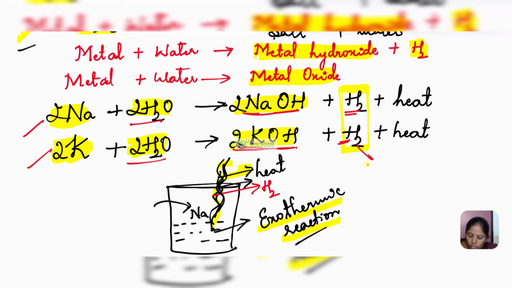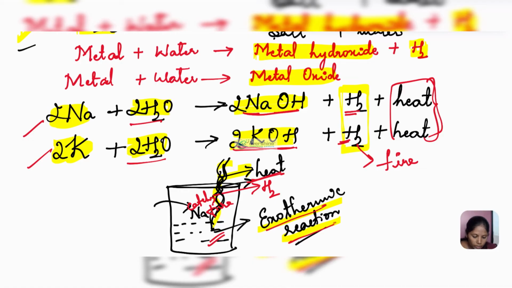This hydrogen gas will catch fire because of more evolution of heat, and this reaction is also called an exothermic reaction. Very important question: how do sodium and potassium react with water? Sodium reacts with water and forms sodium hydroxide and liberates hydrogen gas. Potassium reacts with water and forms potassium hydroxide and liberates hydrogen gas. And this hydrogen gas will catch fire because of more heat.